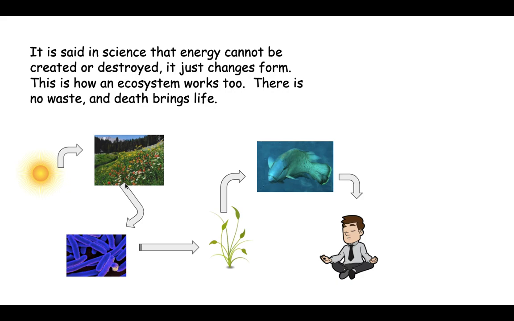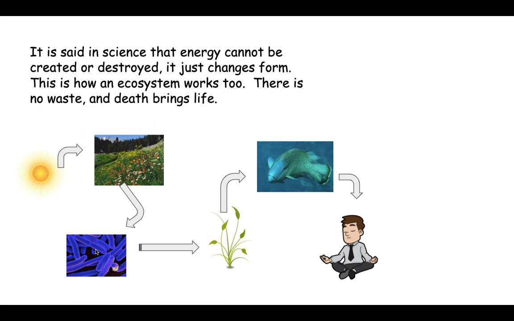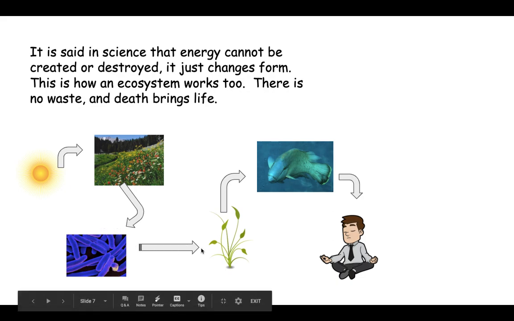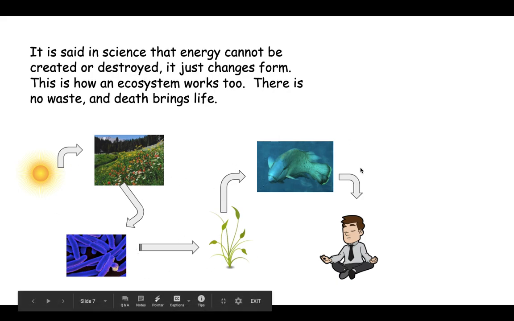And when they die and break down, here are the bacteria, the decomposers, I should say, because it's more than just bacteria, but they're going to consume that dead organic matter, help to feed other plants. Maybe that plant is in a pond and there's a fish that eats plants, and so that fish eats the plant. And then maybe this guy takes a break from meditating and grabs his fishing pole and goes and catches the fish. So it just kind of goes around and around and around like that.